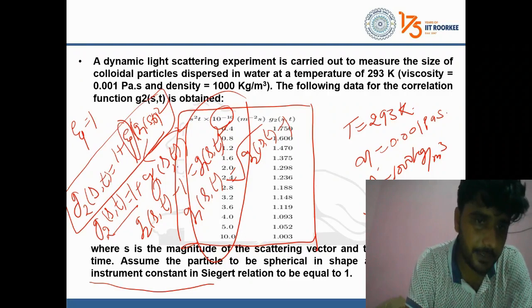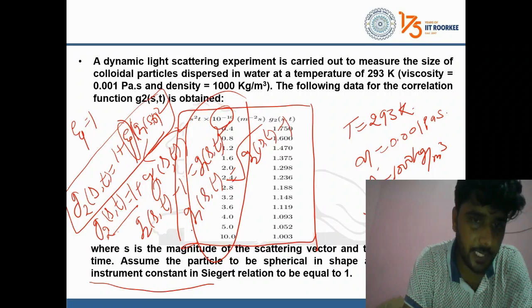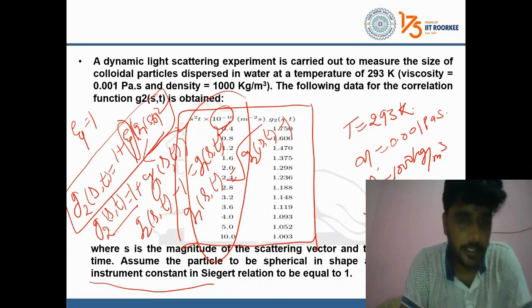So G2 st equals 1 plus g1 st square. Arranging this term, g2 st minus 1 is equal to g1 st square. And from this expression you can calculate the value of g1 st by taking the under root of this g2 st minus 1.